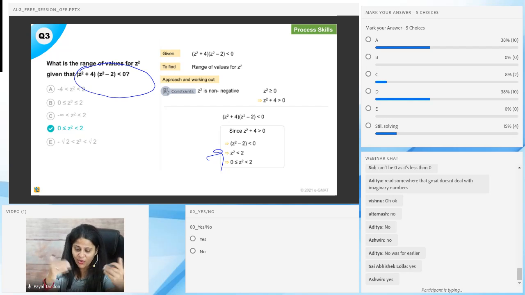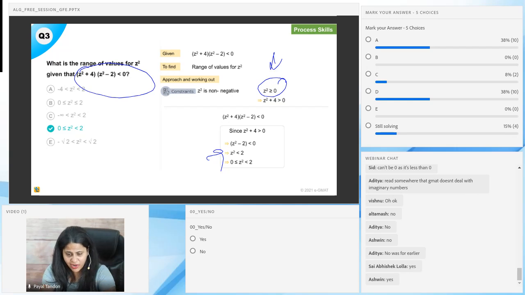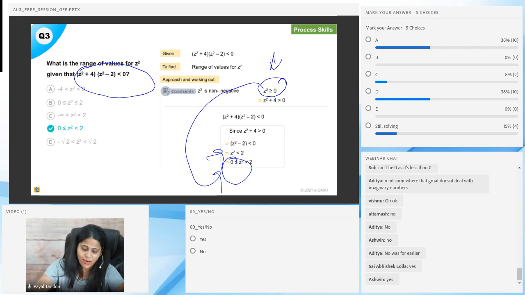What does that mean? Drawing inferences, retrieving appropriate concepts, and then combining information. Here, we applied the definition of square of a number, and then we incorporated that definition back into our range. So staying in complete control of your solution, that is the true skill that you need to possess if you have to get to that 90th percentile in quant.